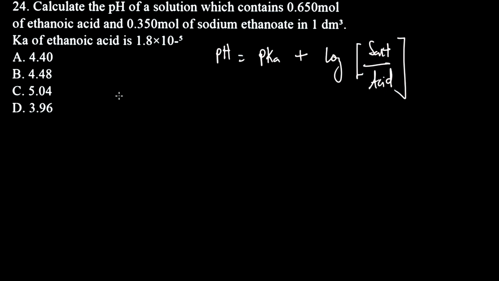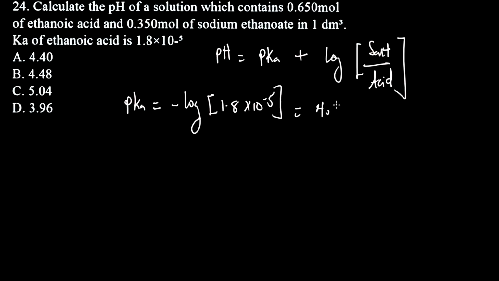So let's calculate the pKa. It equals negative log of 1.8 times 10 raised to power minus 5, so we have 4.74, right? The salt is 0.350 mole per dm cube, and the acid is 0.650.